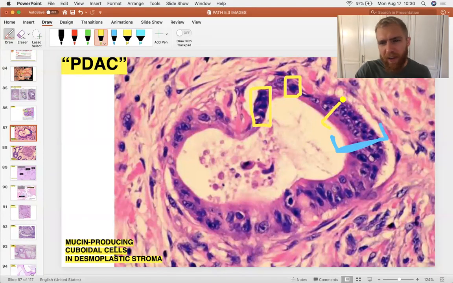In particular, again, that segment of cells there on the right side of that duct, they're proliferating like rabbits. And notice the desmoplastic stroma, which is basically everything outside the duct in the middle.